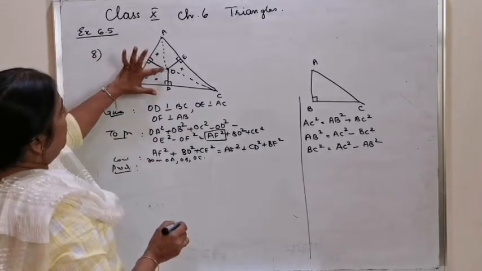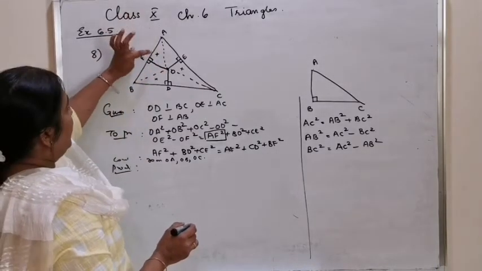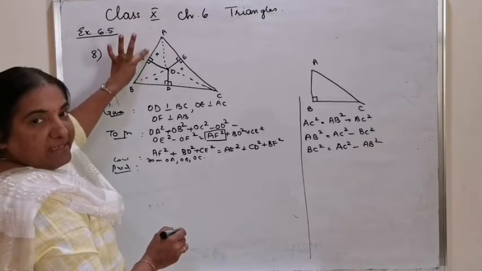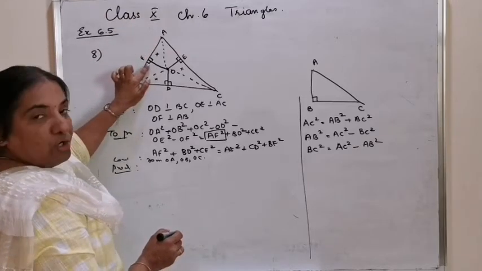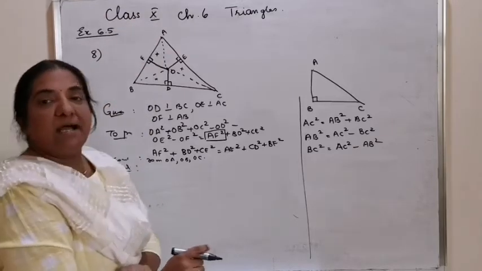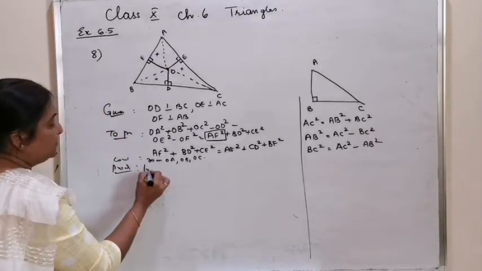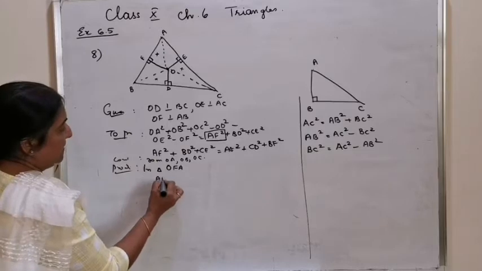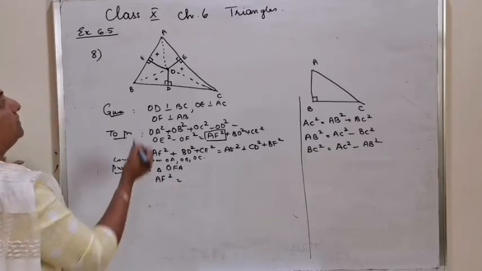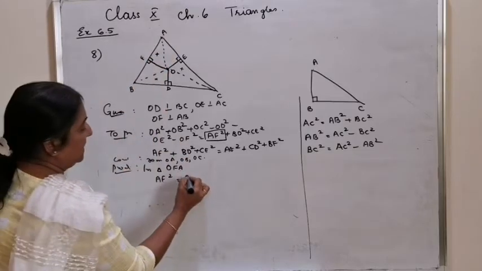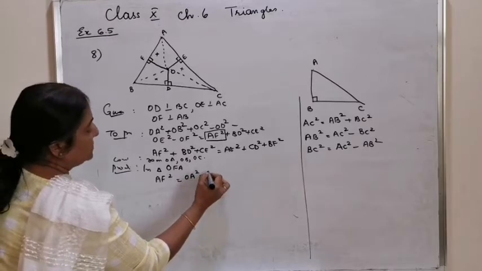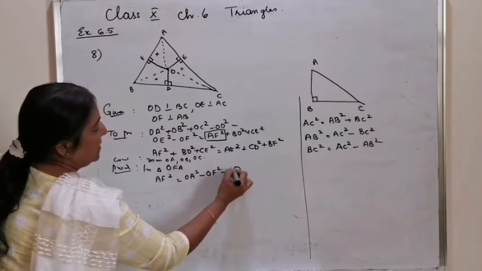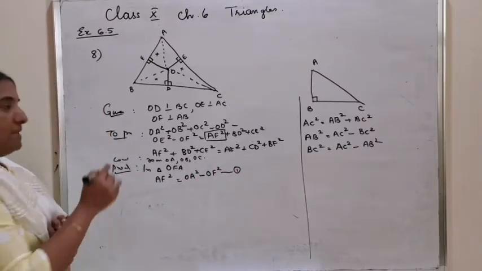The triangle OFA: AF is the base, OF is the altitude, and OA is the hypotenuse. So, in triangle OFA, AF square is equal to OA square, hypotenuse square, minus altitude square, equation number 1.